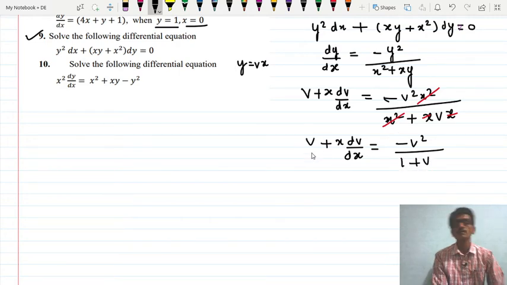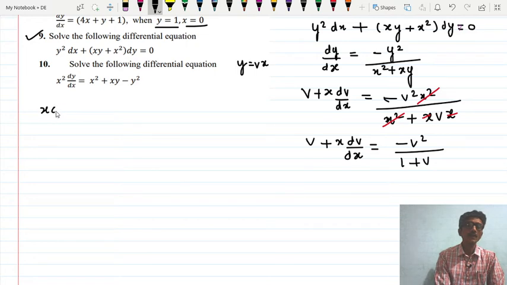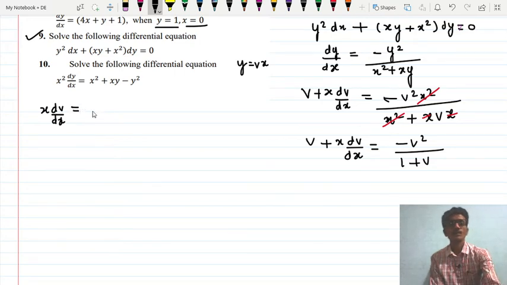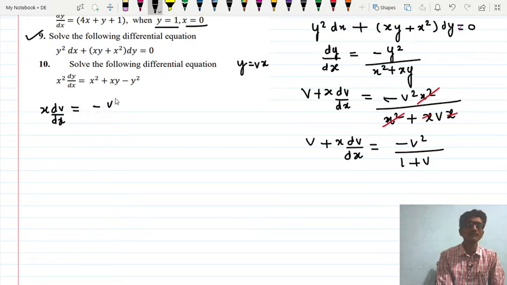We take this v to the right hand side, so we get x dv by dx equal to minus v square upon 1 plus v minus v.